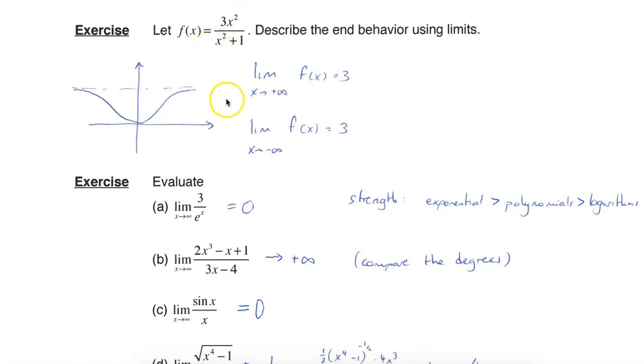And that means the limit as x approaches infinity is 3 over 1. Likewise, the limit as x approaches negative infinity is also 3 over 1. This is a graph of the function, but of course we didn't need that to answer the question, but it can help now see the kind of function that could have such an end behavior.